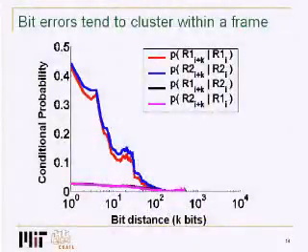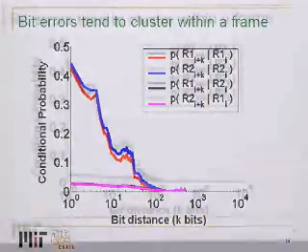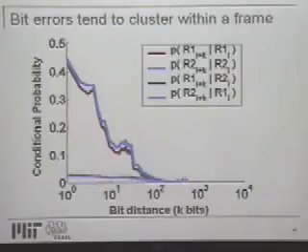To find out how these bit positions are correlated with each other, we again do this auto and cross conditional loss probability analysis for bits inside of frames. Again, we see the same thing: bit errors are bursty, but they're not highly correlated with each other.